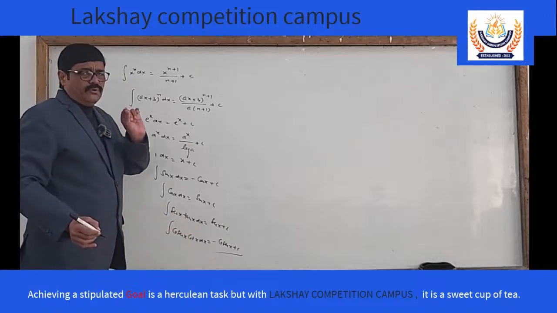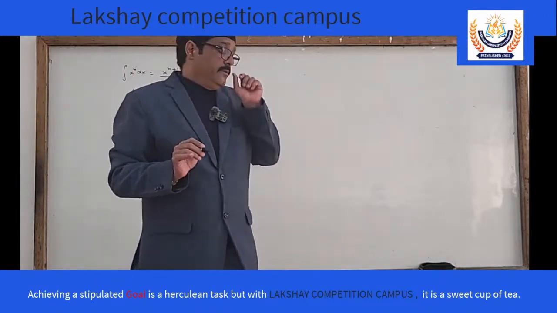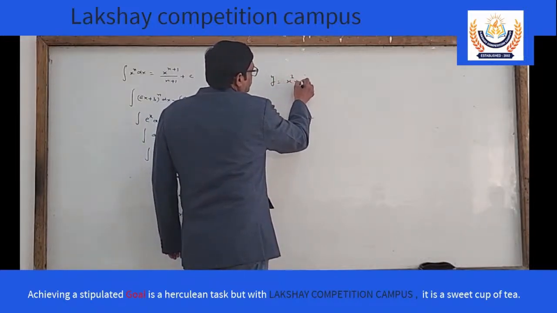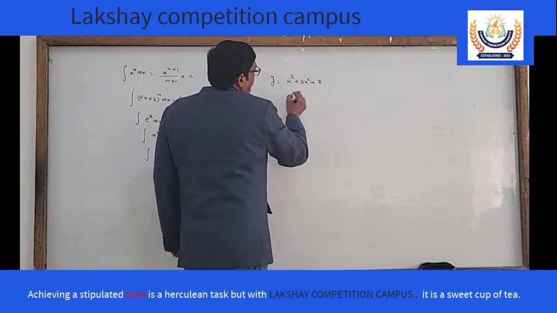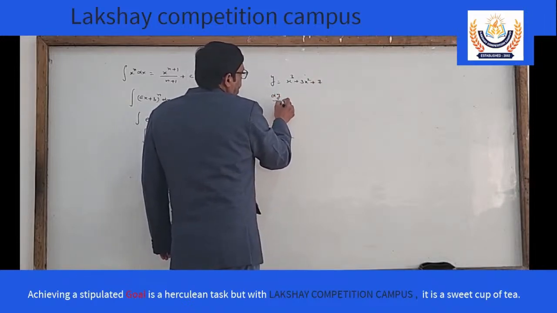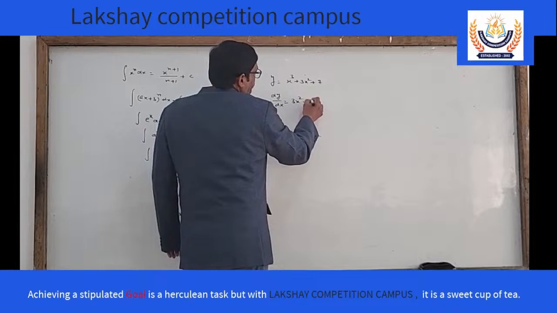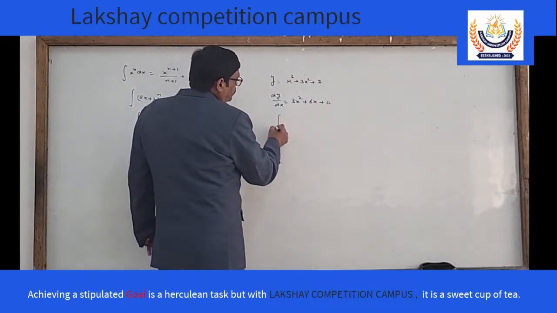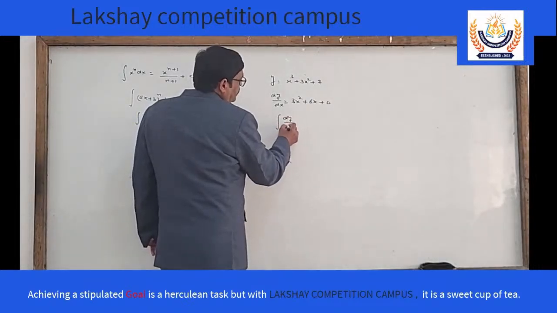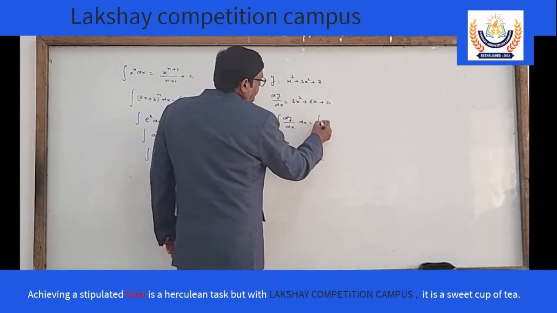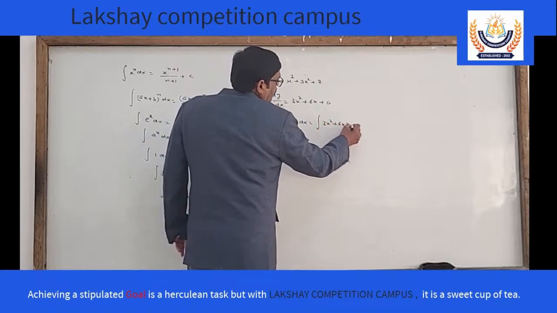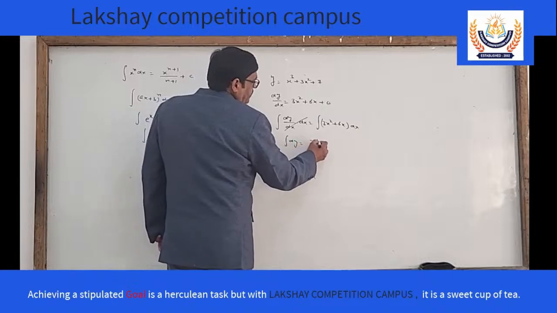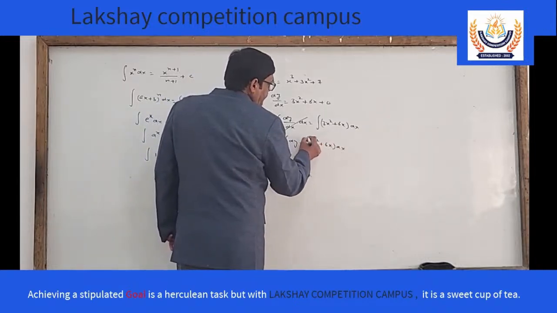So there is one important point. Why we add constant here? Suppose there is a function y equals x cube plus 3x square plus 7. Now we find the derivative. The derivative is 3x square plus 6x plus constant, that is 0. And now you find the converse of it, that is called the integration. Integration of dy by dx, so dx cancels, dy equals the integration of 3x square plus 6x with respect to x.